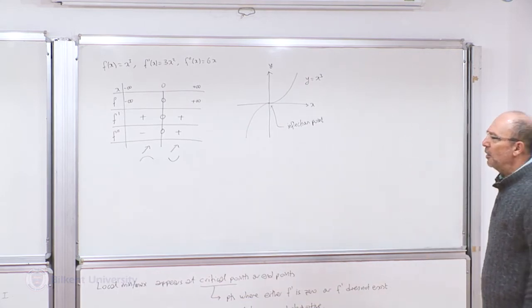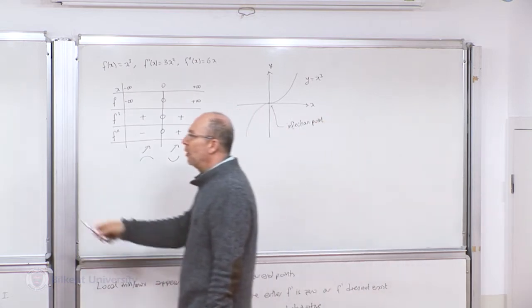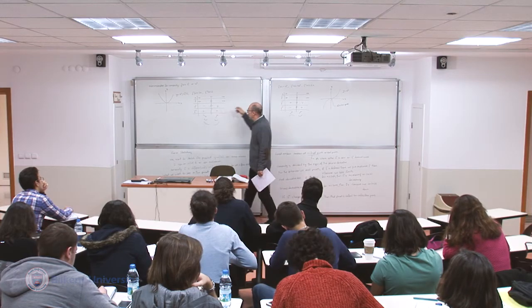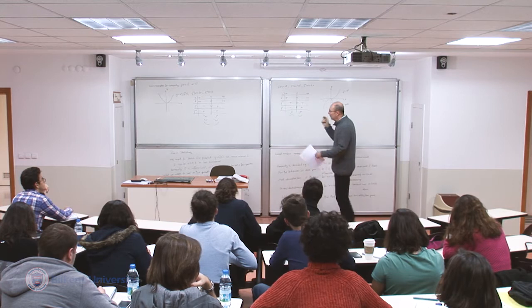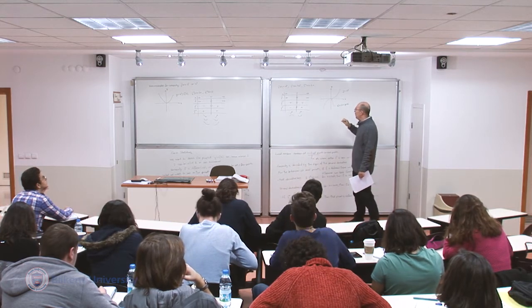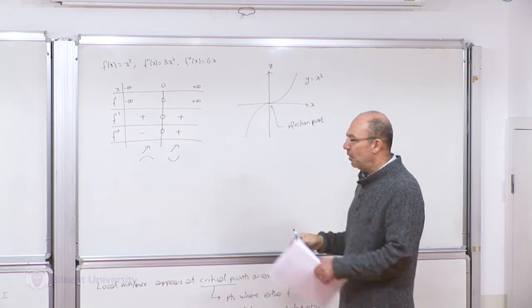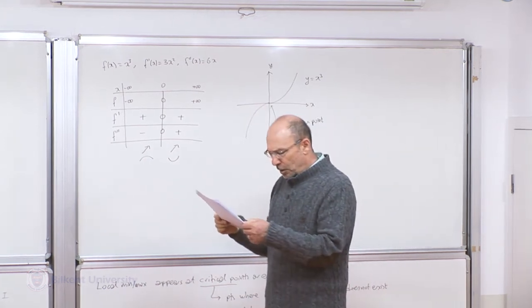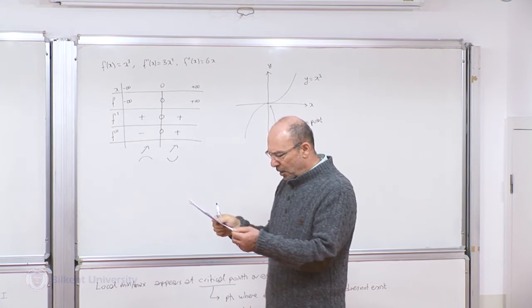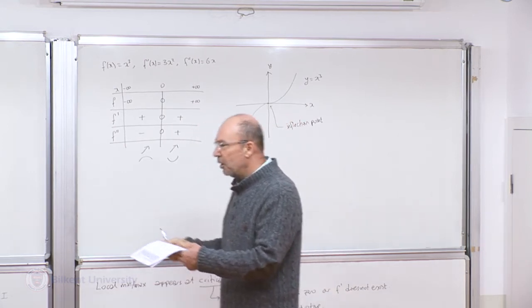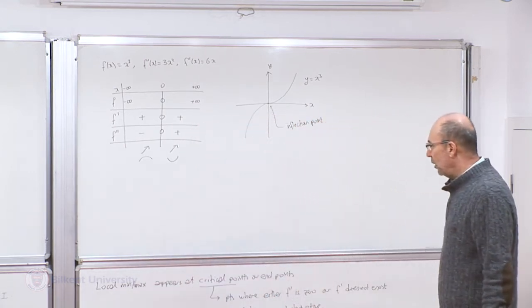Now, if you look at x to the 4, it will be something like this. x to the 5 will be something like this. And in other examples, we will see parts of the function looking like these things locally. So this reviews what we did.